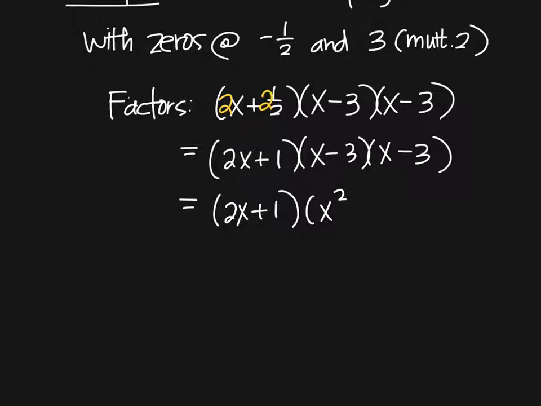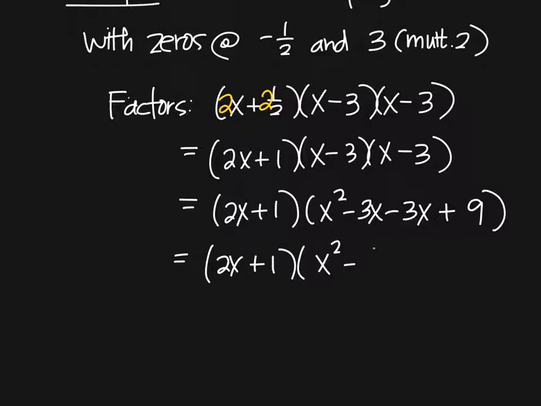That's going to give me x squared minus 3x minus another 3x plus 9. So that gives me 2x plus 1 in front of x squared minus 6x plus 9. So that's where you were missing that middle term, Jaylani. Okay, then you want to superfoil that.